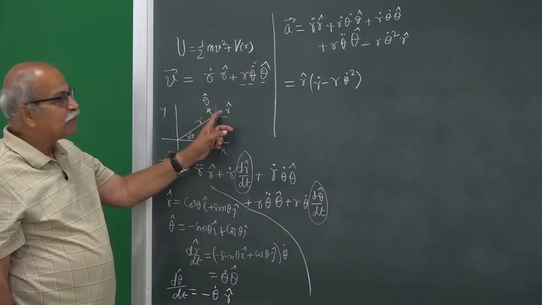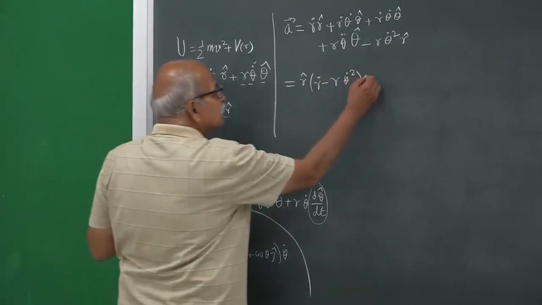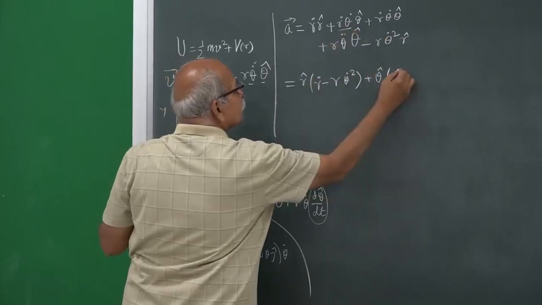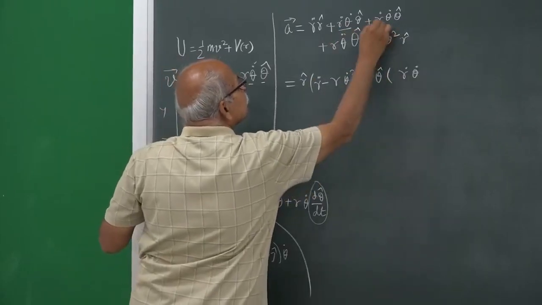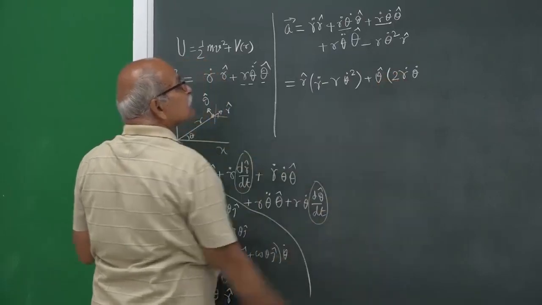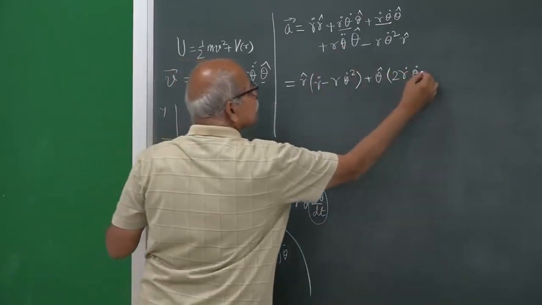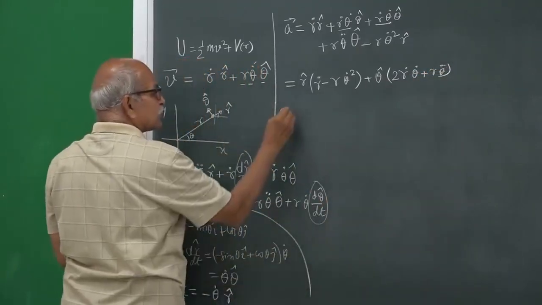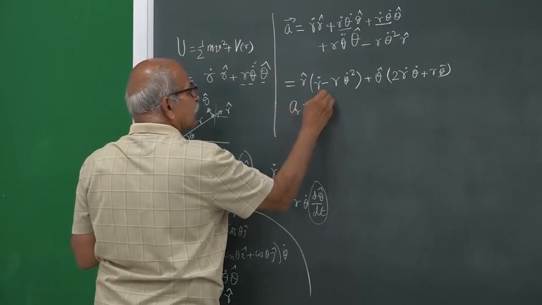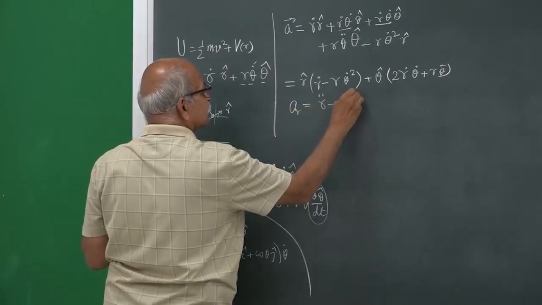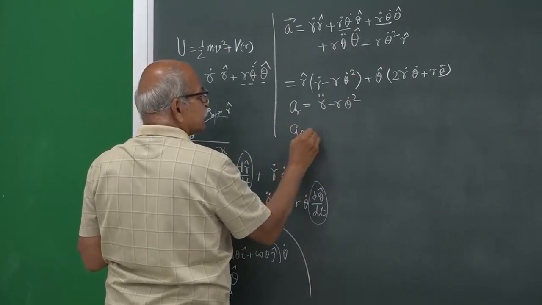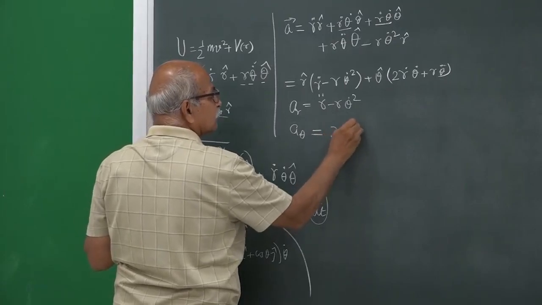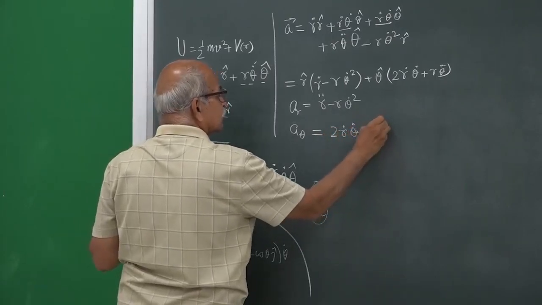The r cap component will be this, and the theta cap component will be r dot theta dot from here, then again r dot theta dot, and from here r theta double dot. That is the expression. Your radial acceleration is r double dot minus r theta dot squared, and the theta component will be 2 r dot theta dot plus r theta double dot.